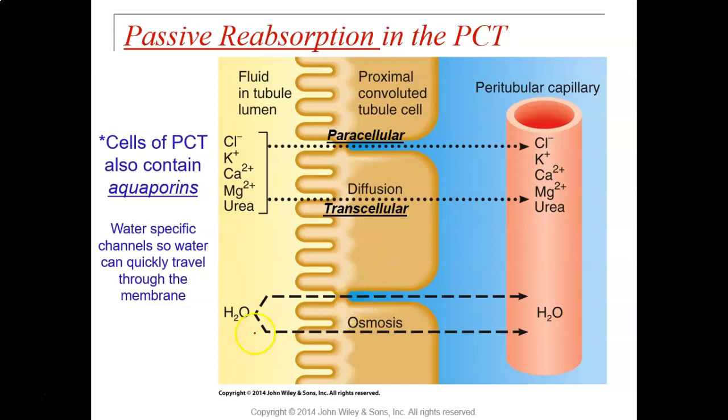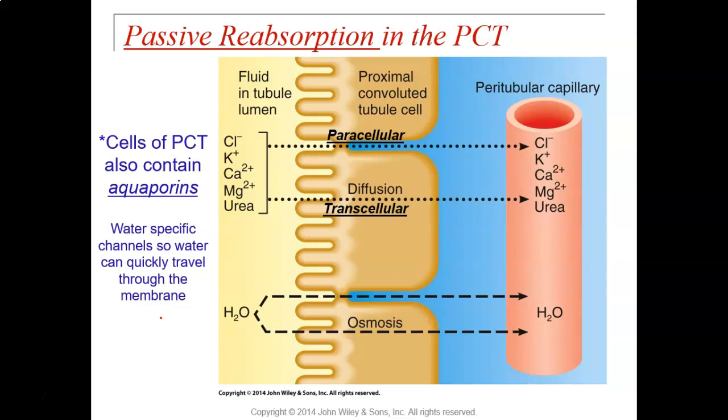Then we have osmosis of water, the movement of water, same thing. But one thing to pay attention to: there are channels specifically designed for water called aquaporins. These are water-specific channels, so water can quickly travel through the membrane. If you're water, awesome, you can travel through. If you're not, sorry, no admittance.